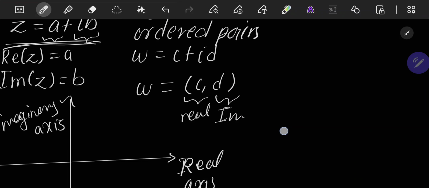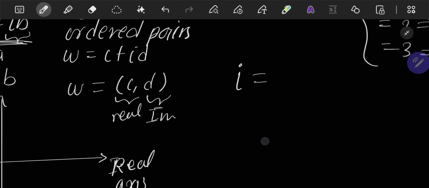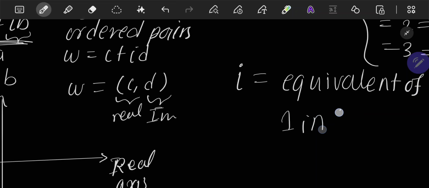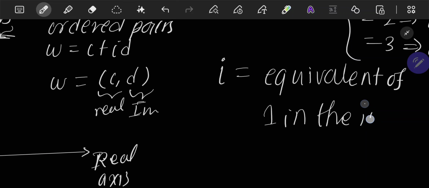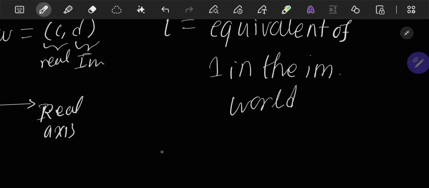Now, remember that I taught you i is the equivalent of 1 in the imaginary world. So the thing with numbers is, for example, if we have a real number, such as 2, we can write this as 2 times 1.